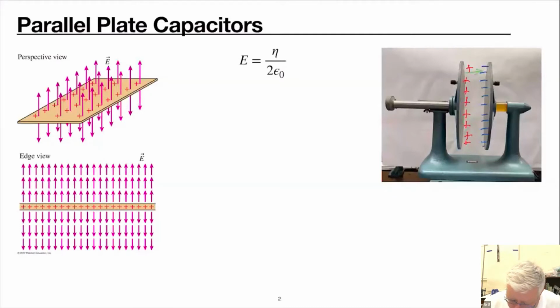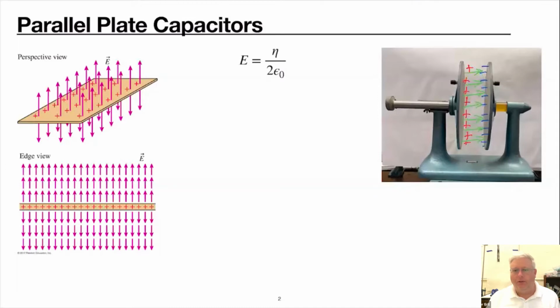So we're going to get electric fields, hopefully you can see this green, pointing from the positive plate to the negative plate. What happens is we get a field inside, but nothing outside. So that's what we want to worry about, right in there.